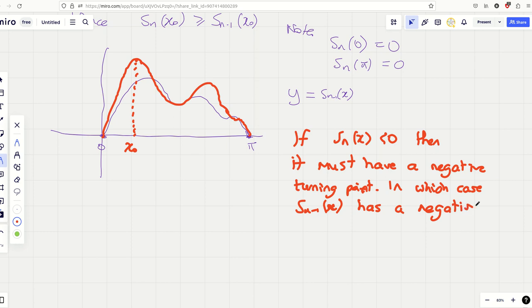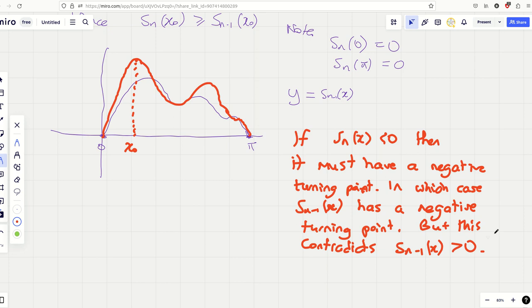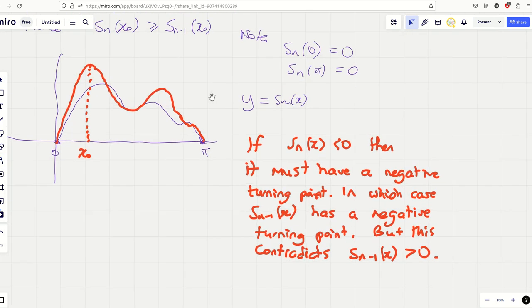And that contradicts Sn minus 1 of x being greater than 0. Yeah, that's saying that the y-coordinates are always positive, yeah? So it's impossible.